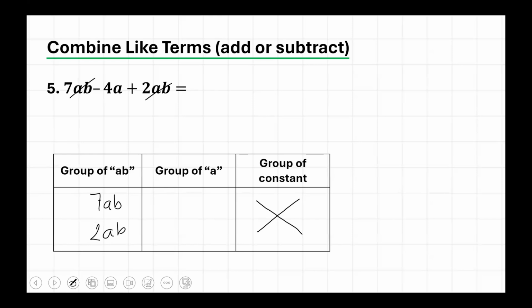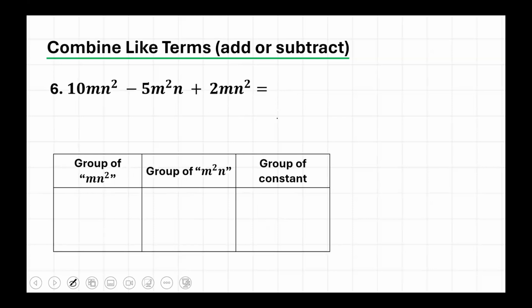Then a group of A, we have negative 4A. Now let's combine like terms. 7AB plus 2AB is 9AB, minus 4A, since there's nothing to combine on that part. So we have 9AB minus 4A, and that's our answer.